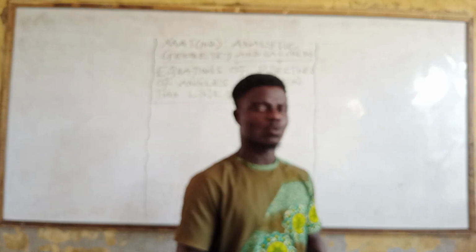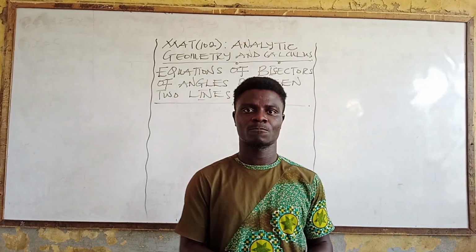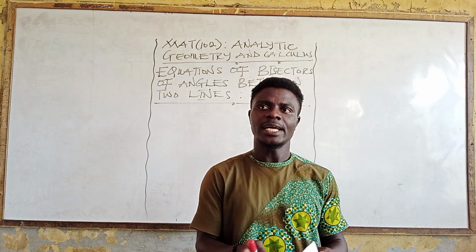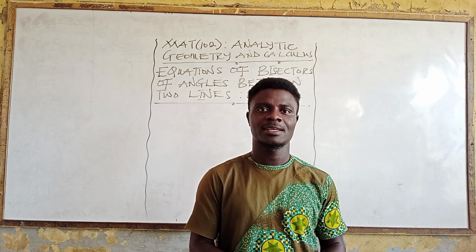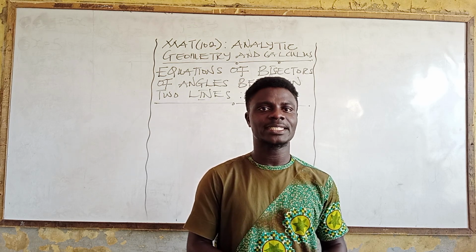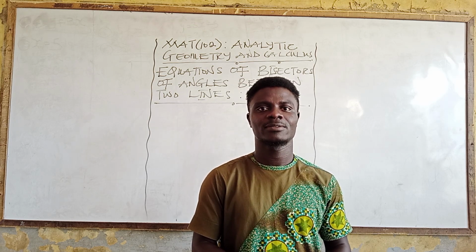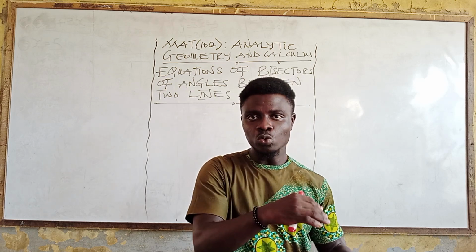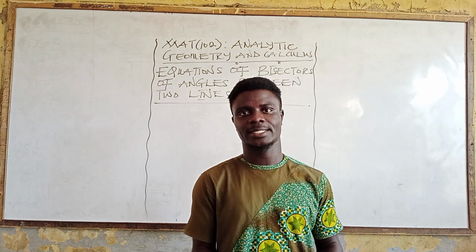Now, when you talk of a bisector, if a line is dividing an angle, then we can say that that line is dividing that angle into two equal parts.